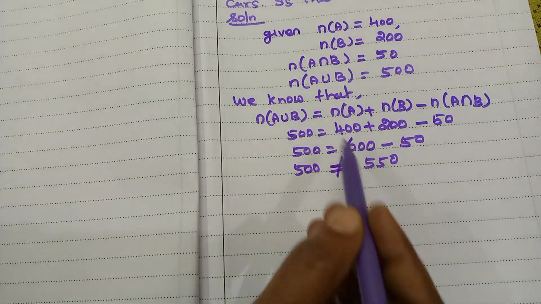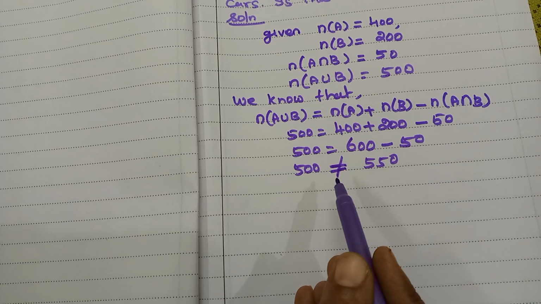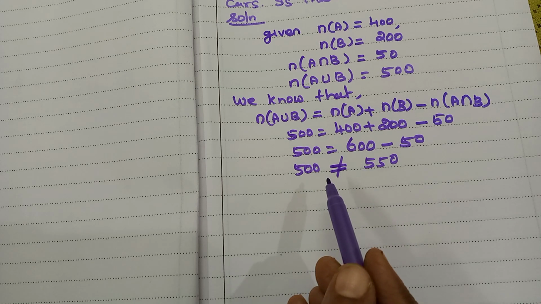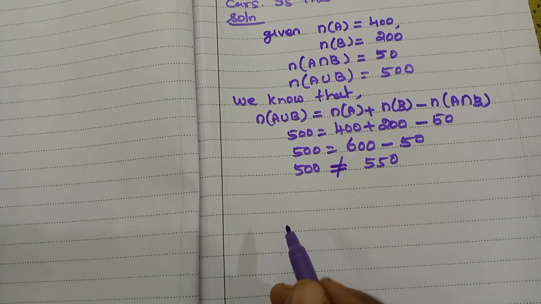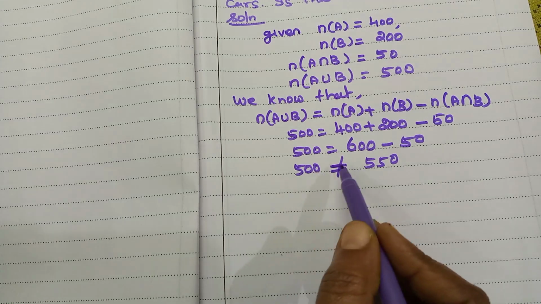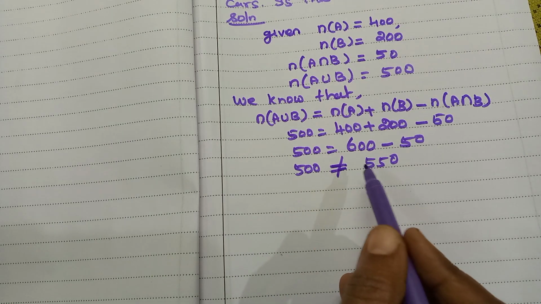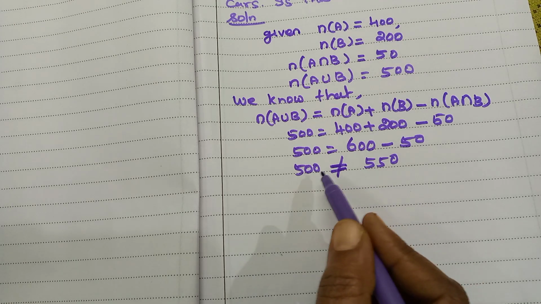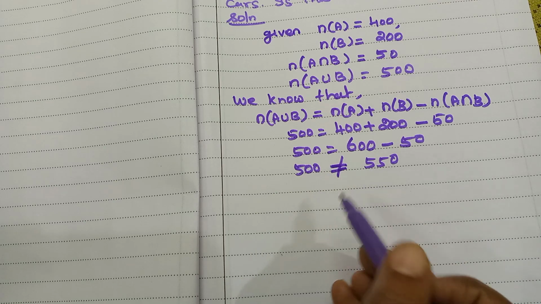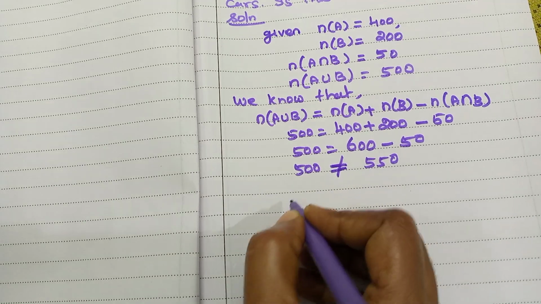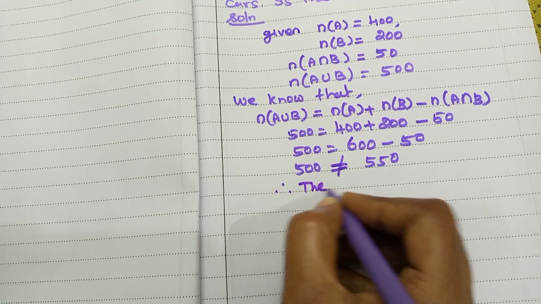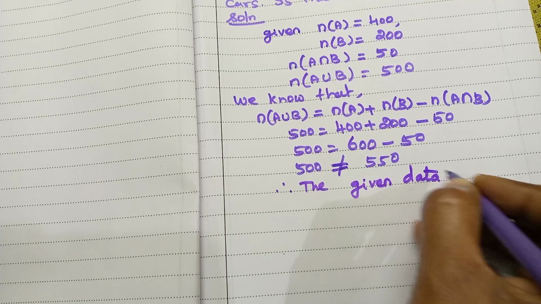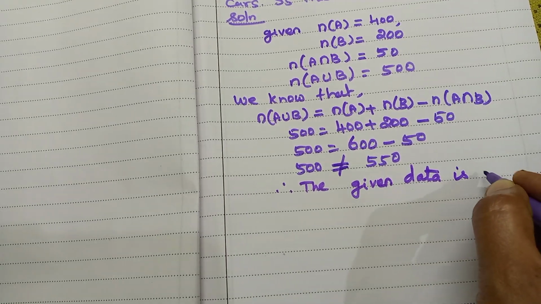If we get the same value on both sides, we can say the given data is satisfying and correct. Here both sides are not the same value, so we can write that the given data is not correct.